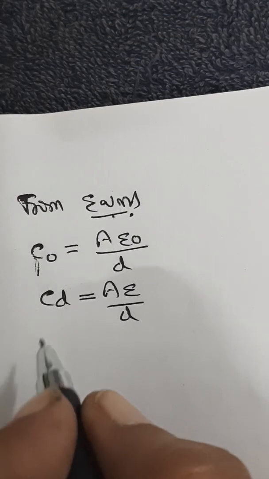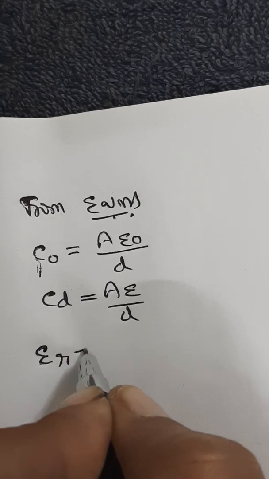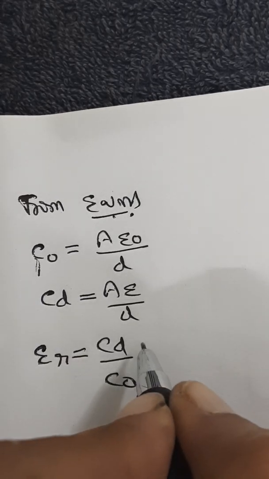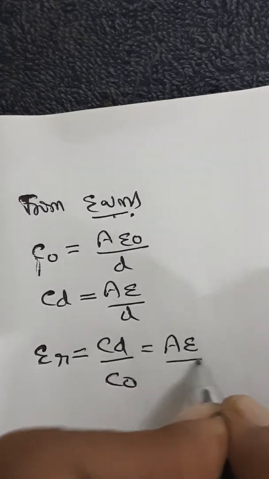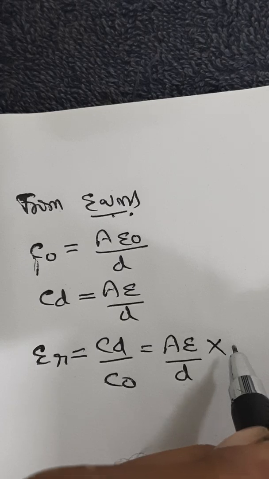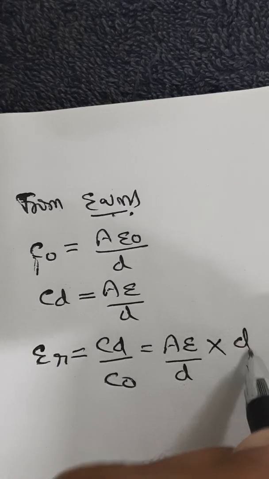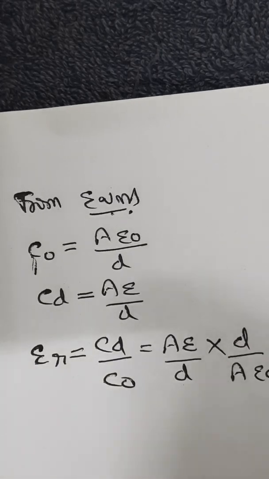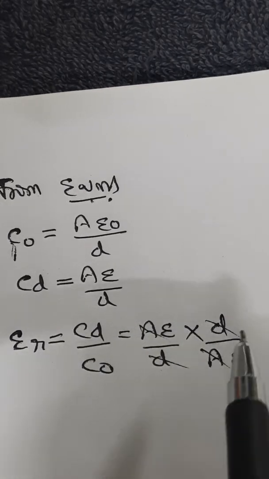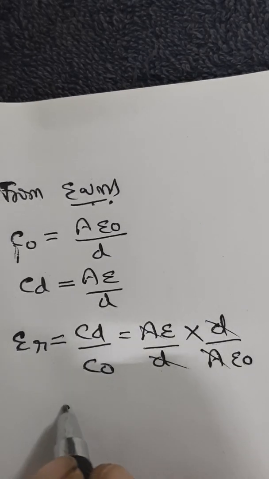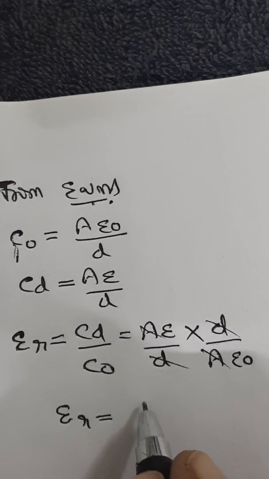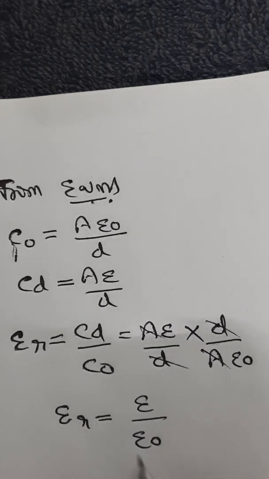epsilon r is equal to CD by C naught, that is A epsilon D divided by epsilon naught D. So you can convert that into D by A epsilon naught. Now these two will go, these two will go. So you will be left with epsilon r is equal to epsilon by epsilon naught.